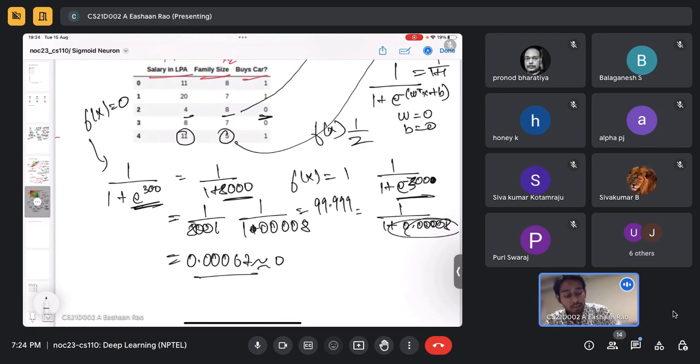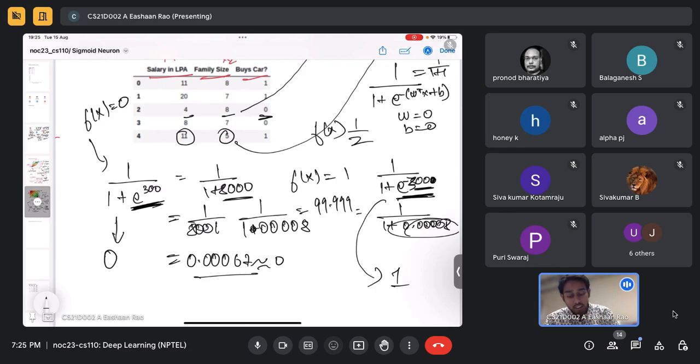So if the exponent here is positive, my function will go towards 0, and if the exponent is negative, it will go closer to 1.